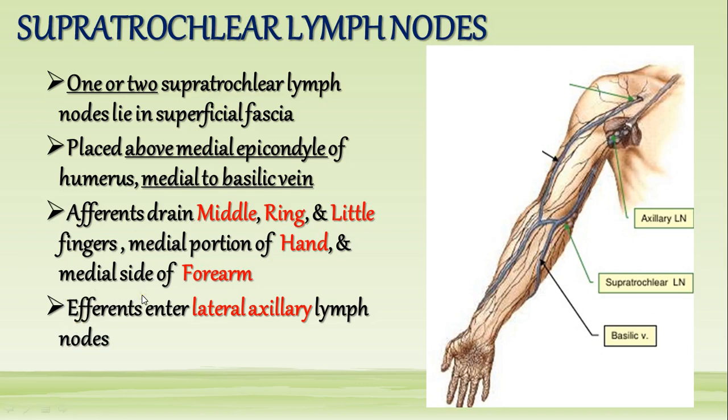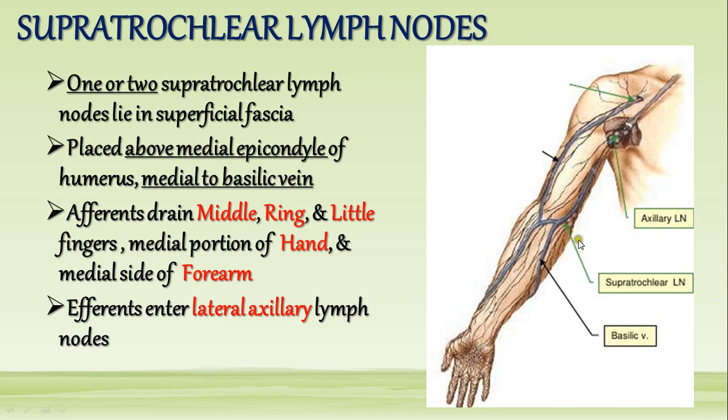Supratrochlear lymph nodes. One or two supratrochlear lymph nodes lie in the superficial fascia near the cuboidal fossa. They are placed just above the medial epicondyle of the humerus, medial to the basilic vein.